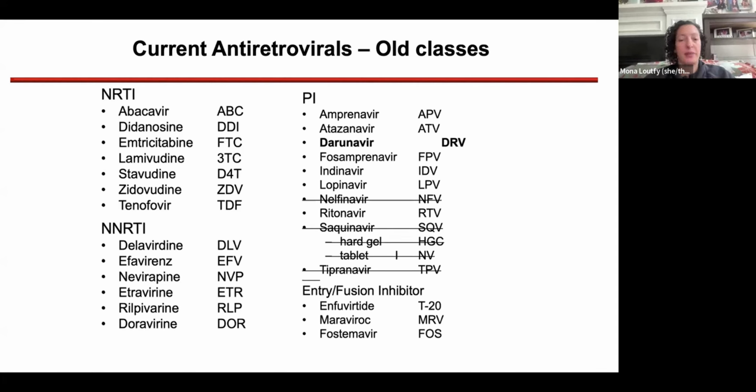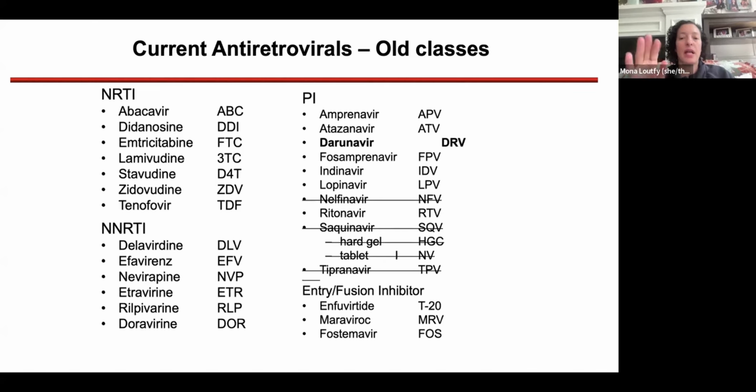The protease inhibitors have a lot of side effects, particularly gastrointestinal, so nausea, upset stomach, diarrhea, also metabolic, like cholesterol abnormality. So a lot of them have been discontinued. You can see that with the ones that are crossed out. And really the only one we still use is darunavir, which is bolded.